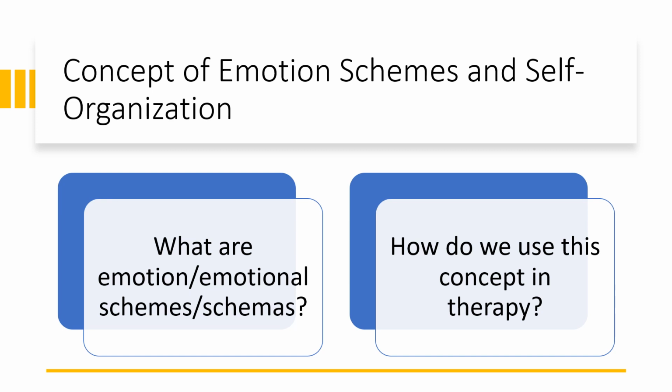So I'm either not experiencing any emotion, even though it seems like there should be emotion, or I'm just emotionally overwhelmed and I can't even control my emotions. And part of what we want to do therapeutically is to change both those under-controlled and over-controlled emotional schemas to being appropriately controlled, mature, functional for the client.